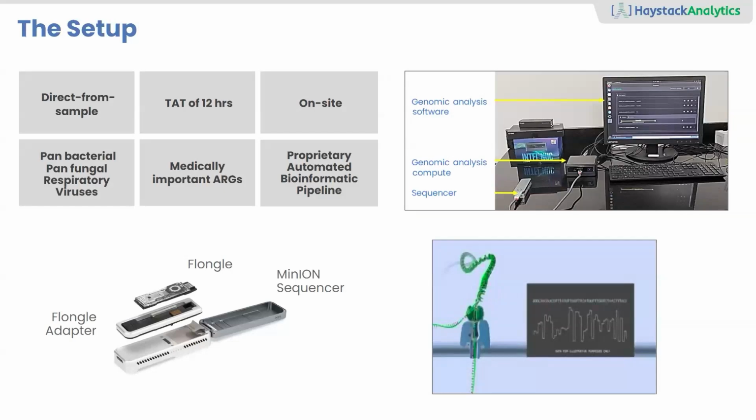This is basically the sequencer, a very small chip, and we have data analysis software. The turnaround time can be 12 hours, but we have given 24 to 48 hours because samples will be coming from far away, and we have to do the extraction, then amplification and library preparation. And it is directly from sample. The setup is in one single small room, where we can do the sequencing part. Next slide, please.